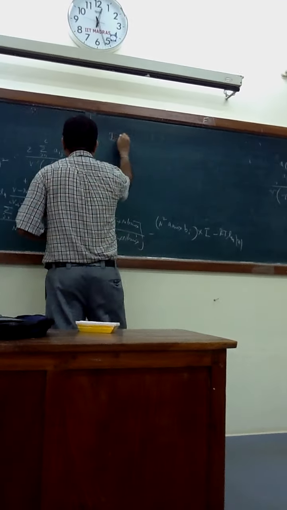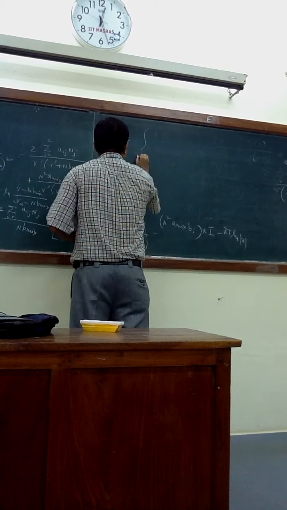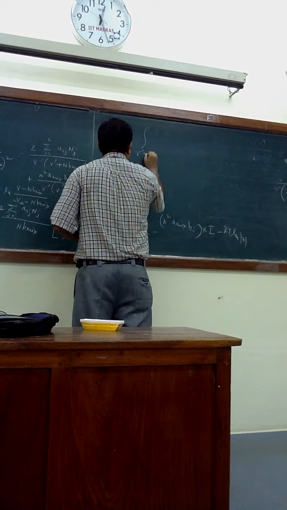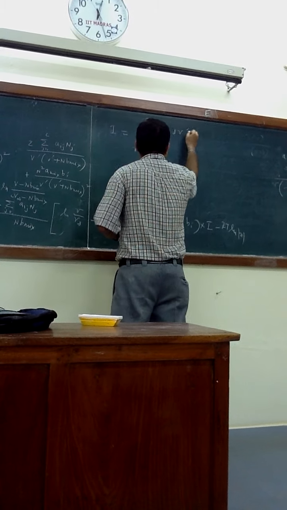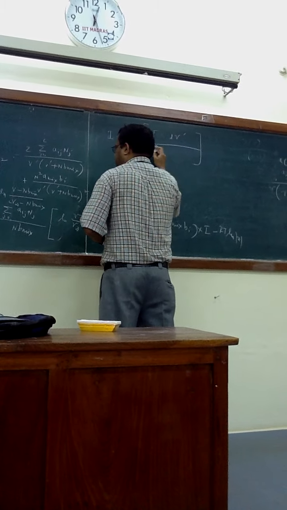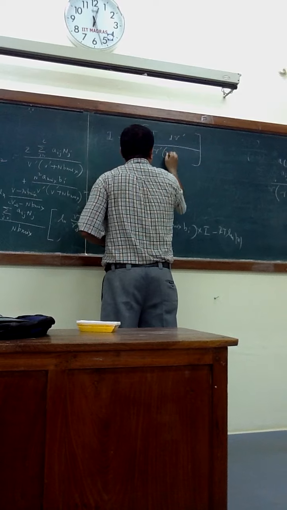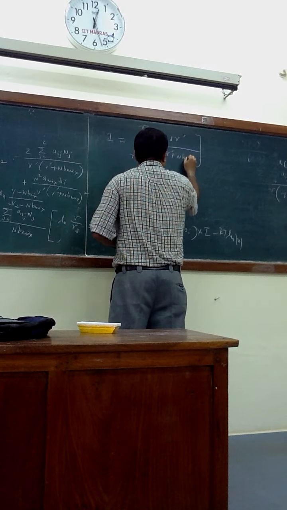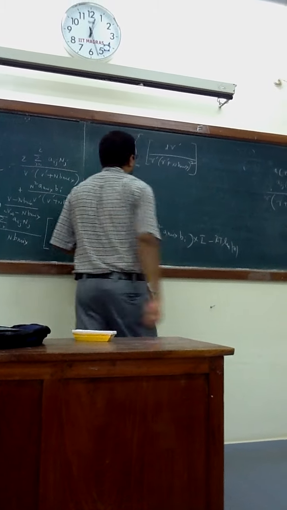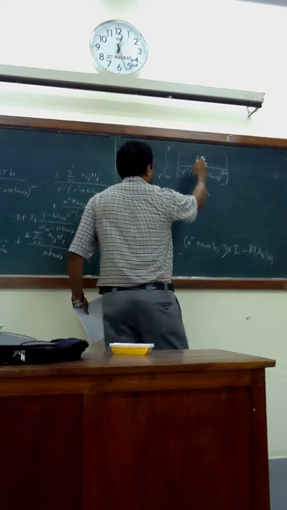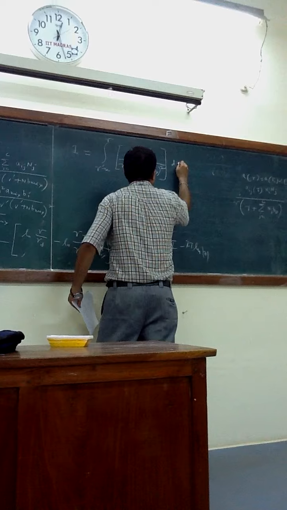What is I? I is integral v prime tending to infinity to v, dv prime divided by v prime into v prime plus nb mix whole square. Don't write like this, we write this way.